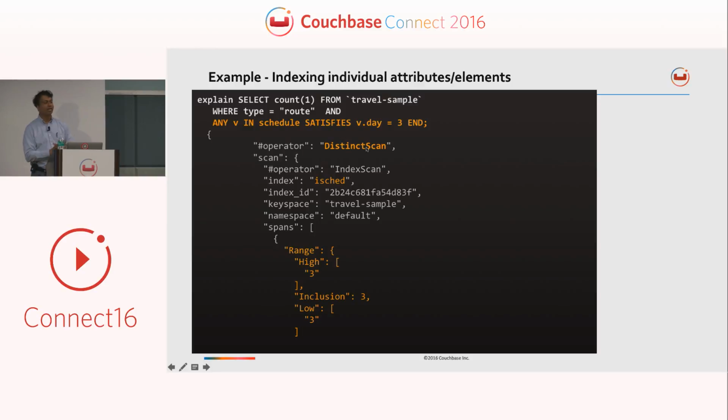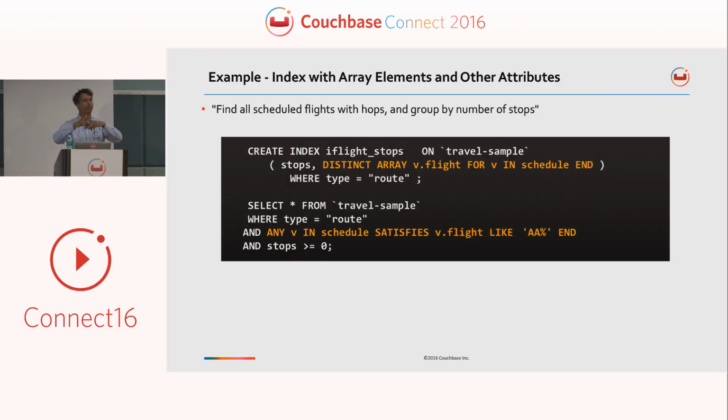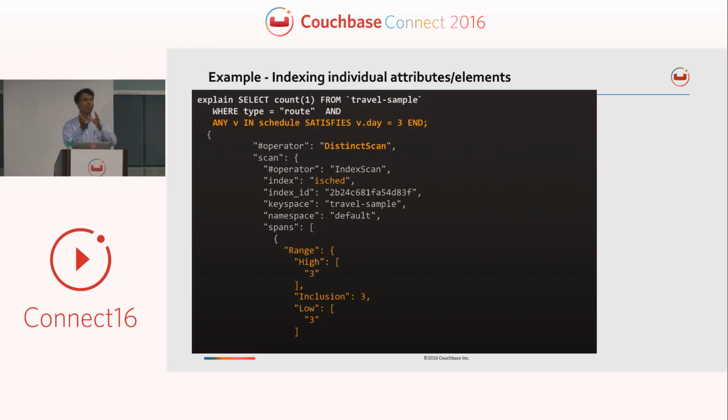So you saw earlier each array element has a separate entry in the index, and when you have the query, you get multiple qualifying entries for the same document from it, and we do the distinct scan because we know it's an array, to make sure all these results from a single document represent a single document. And more importantly, your predicate v.day is pushed down to the index scan as part of the spans within the explain, right?